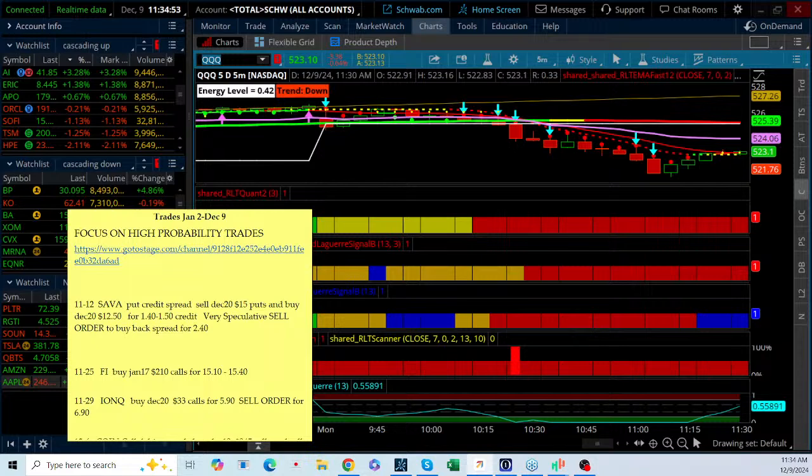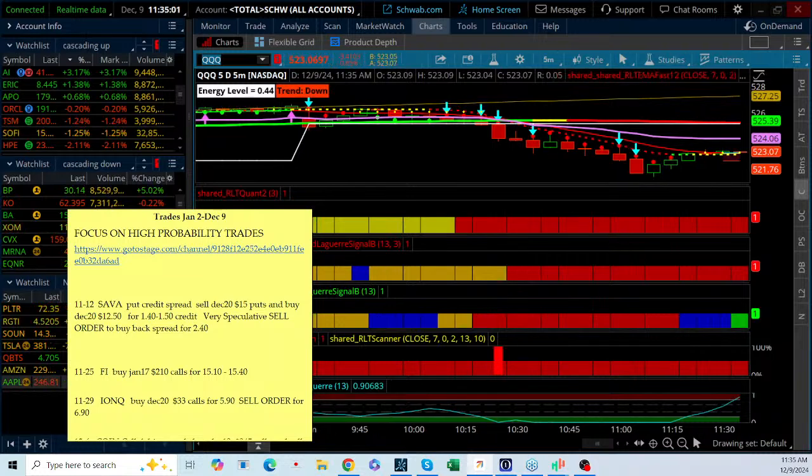But right now they're spread 7 by 9, $7 bid, $9 ask. That's really, really wide. But I did take the 46 calls for January. I don't even know what I paid for it. Let me look. Way more than that. Yeah, I paid $10 for them. So right now they're printing 8. So I'm down about $2 on it. But again, they're January calls, and I really like the long setup on this.